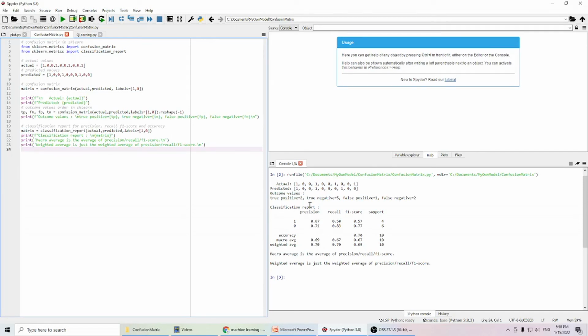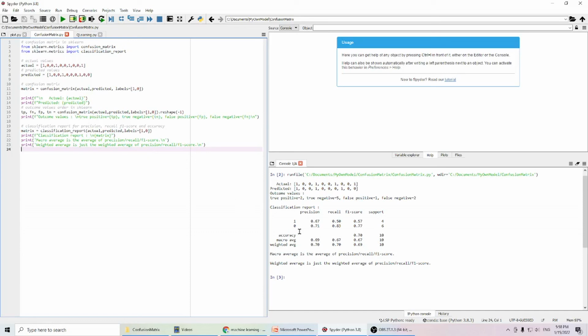In this example, we have only 2 possible values, 1 or 0. So if you want to calculate confusion matrix, maybe you don't even need to use those functions. You can just calculate manually, and it is not difficult at all.